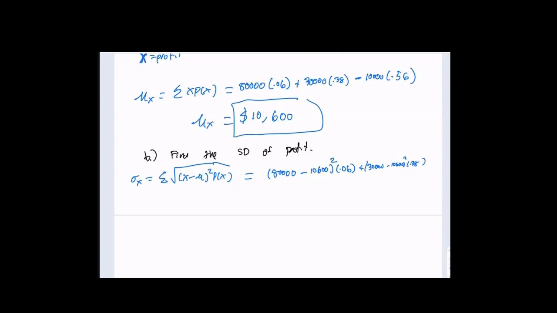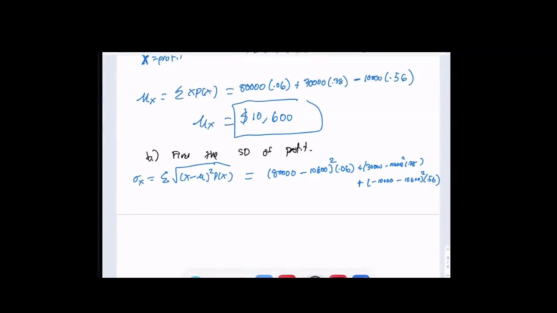I'm running out of space here, but plus, it's always plus, plus (negative 10,000 minus 10,600) squared times 0.56. So there's always the squares that go inside there, and I'm just replacing the x with the x values going down the line and matching up their probabilities.